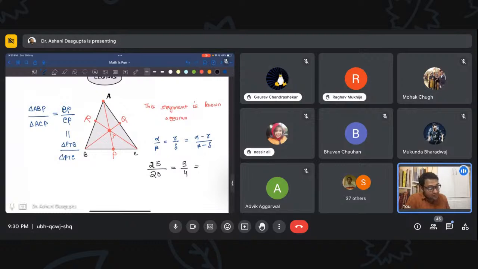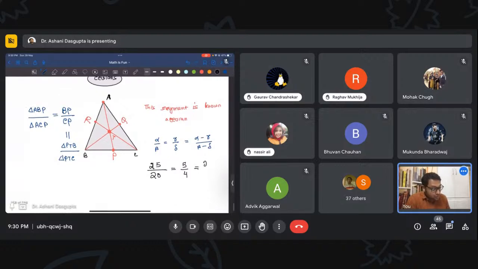then both of these ratios are equal to 25 minus 5, divided by 20 minus 4. So that is equal to 20 by 16. So this is very easy to prove.